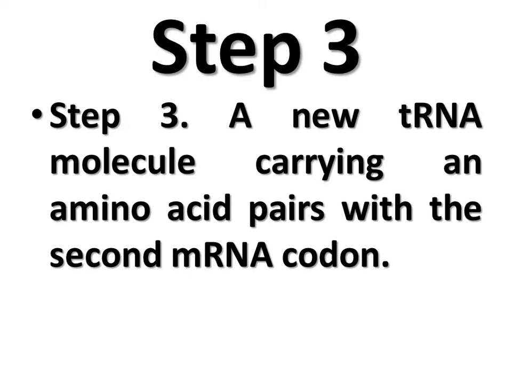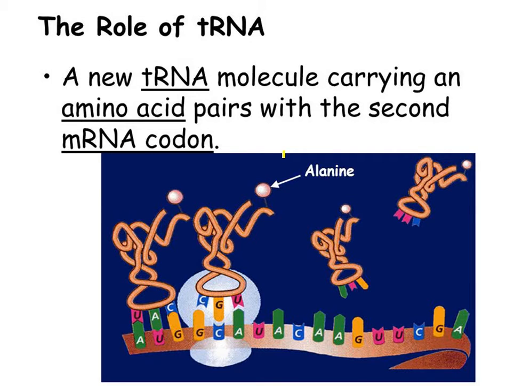Step 3. The new transfer RNA molecule carrying an amino acid pairs with the second mRNA codon. Ayan po. Now, di ba sabi ko nga sa iyo kanina, nag-start siya sa AUG. Pag nailagay na ni mRNA codon yung AUG, ito po, kung napansin nyo dito, meron ng AUG dito.